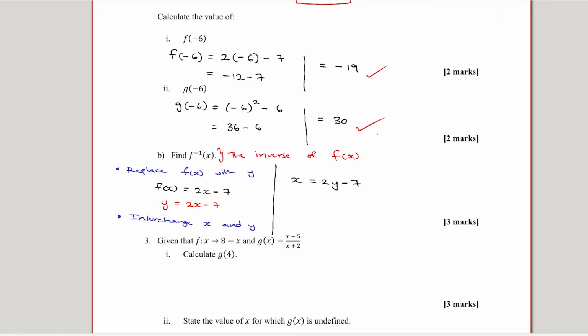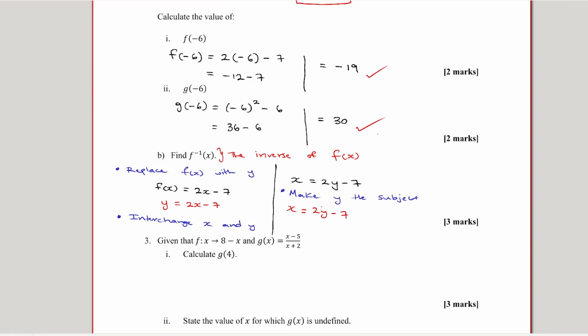After we've done the second step, the third step is just to transpose to make y the subject. Alright, so the equation that we have is x is equal to 2y minus 7, and we need to transpose to make y the subject.